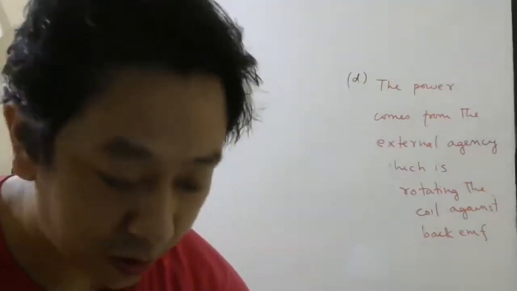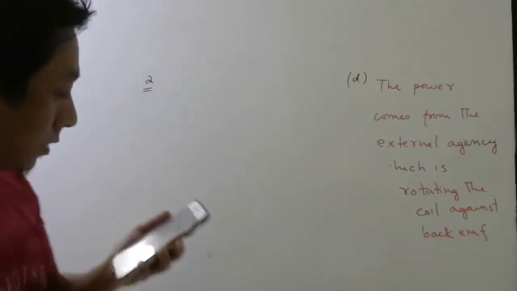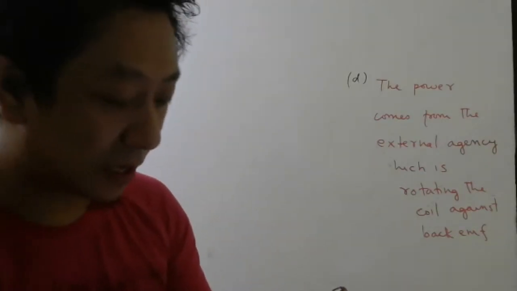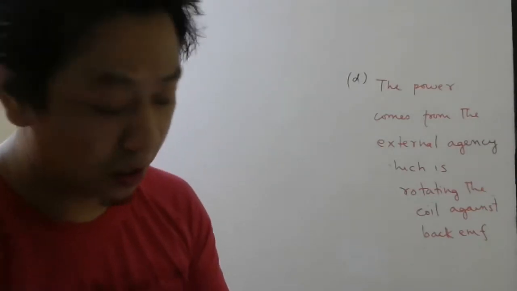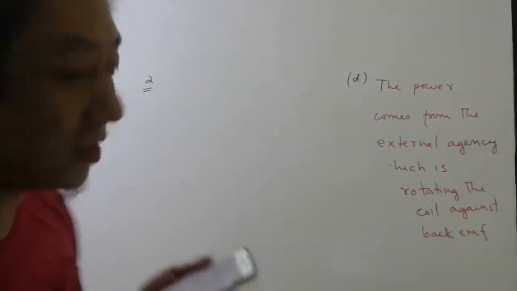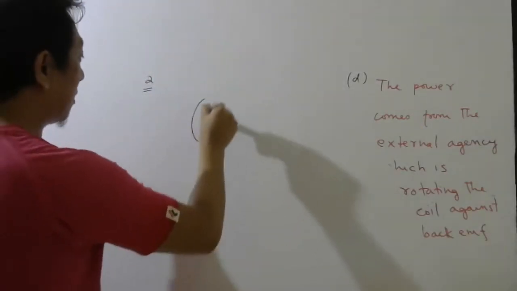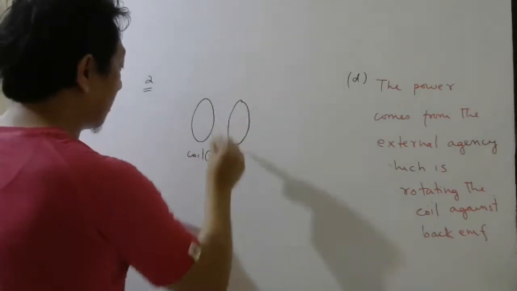Next question, question number 2. The mutual inductance M12 of coil 1 with respect to coil 2. Now they have not mentioned how the coils are placed, nothing they have given. So let us say I keep one coil like this and another coil like this.